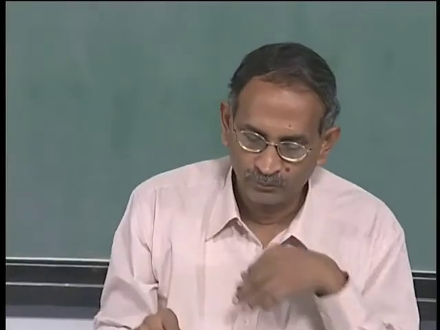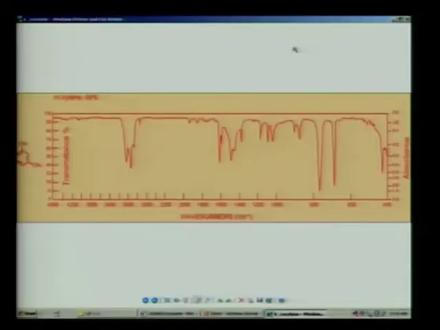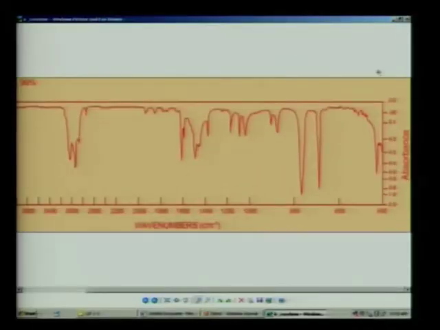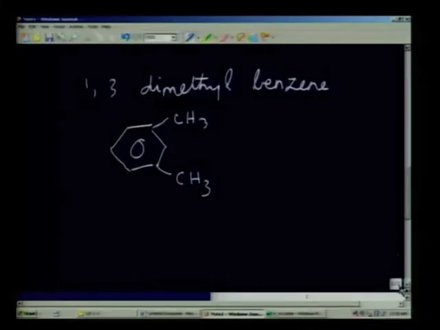Now let us go back to the basic picture of what is meant by local modes. Local vibrations corresponding to various groups.